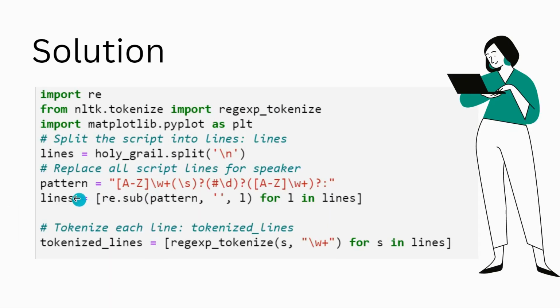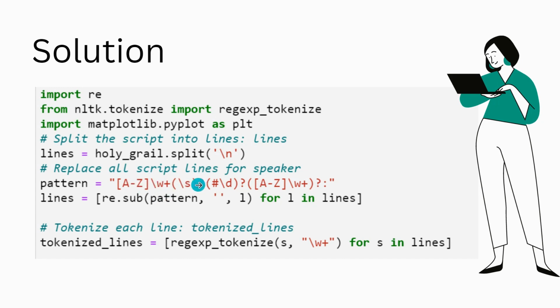So the pattern for the speaker is, within square brackets, A to Z in uppercase, then \w+ means all the words with capital characters. That includes space. Here I'm using a question mark. The question mark means this may occur or may not occur. This is an optional occurrence. If it is there, it will occur, right?